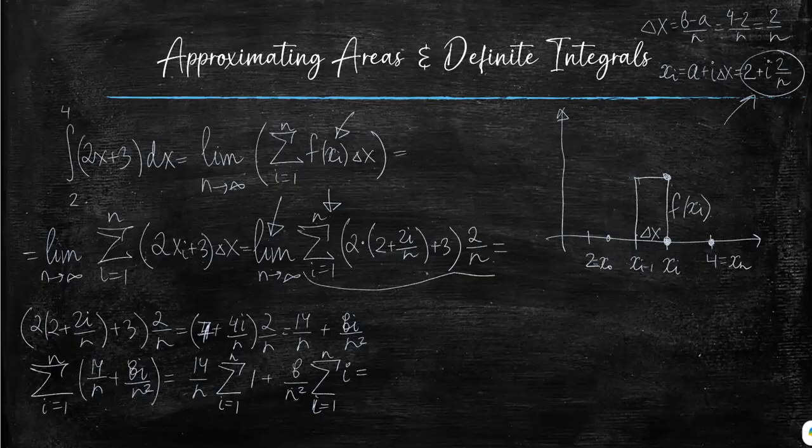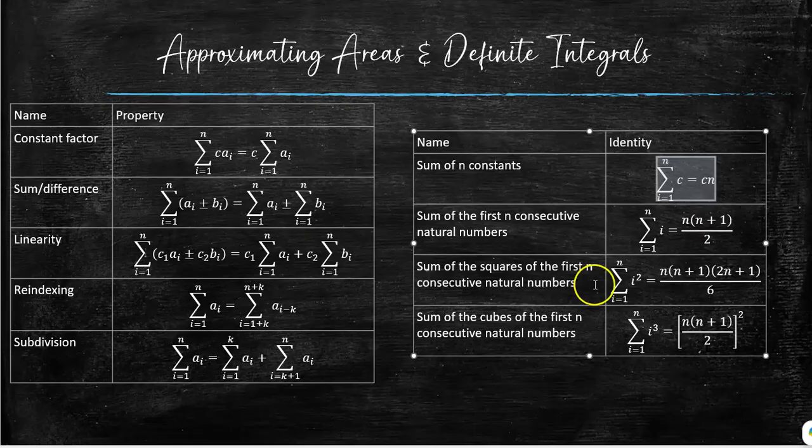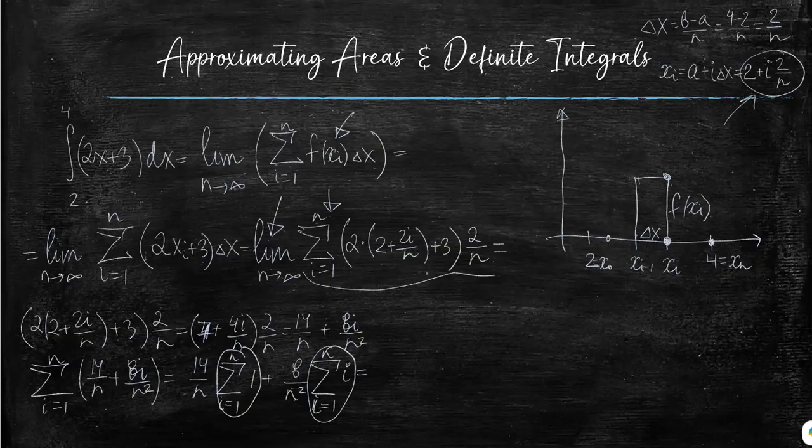And now we're going to look back here, and again, we're looking for this and this. So the sigma of a bunch of 1s is just going to be 1 times n, n. And the sigma of i is going to be n times (n plus 1) over 2. That's a well-known formula. So we plug those results in.